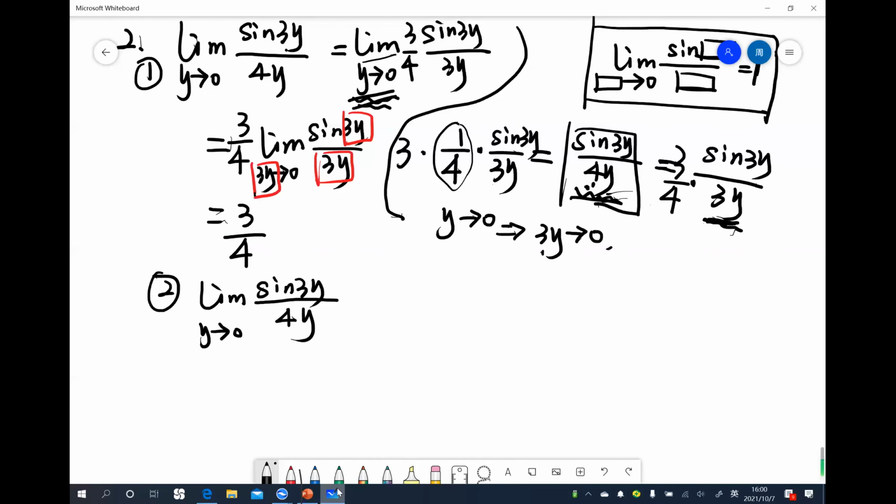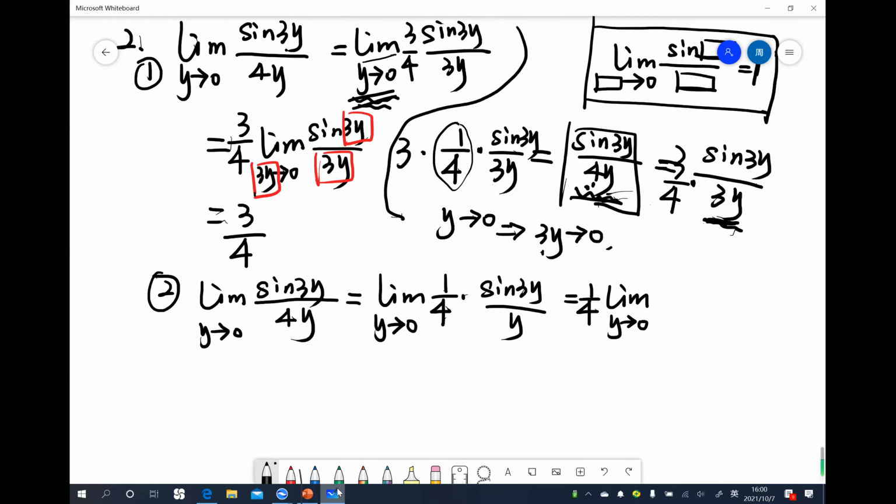Here y approaches 0, right? Here, you can first take the constant out, because that can be written as 1 by 4 times sine 3y by y, right? And we can take the constant 1 by 4 out, equals 1 by 4 times the limit as y approaches 0 of sine 3y by y, right?